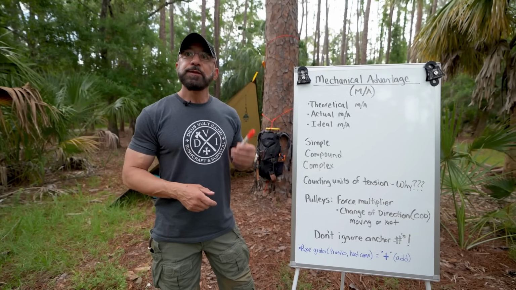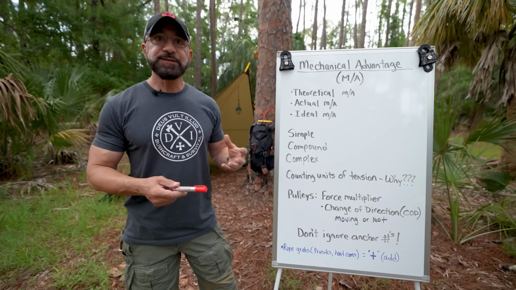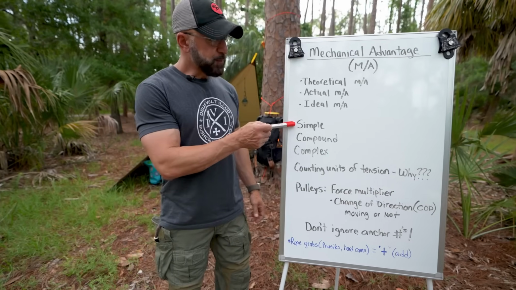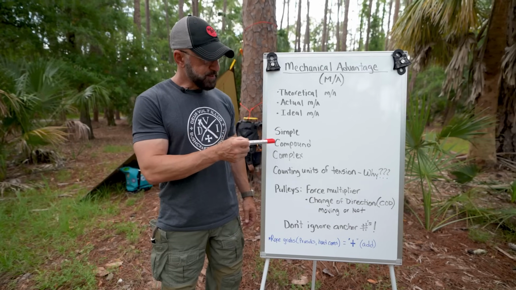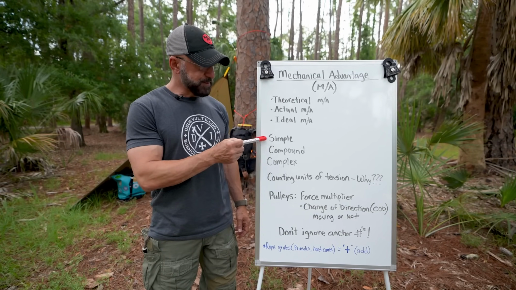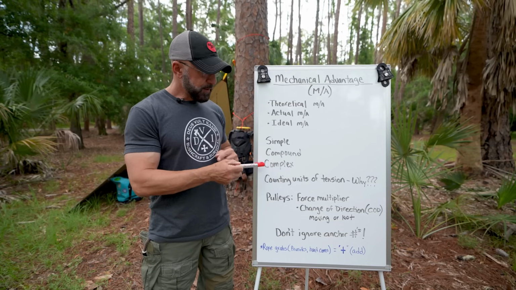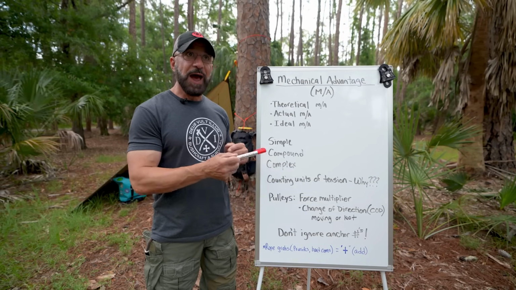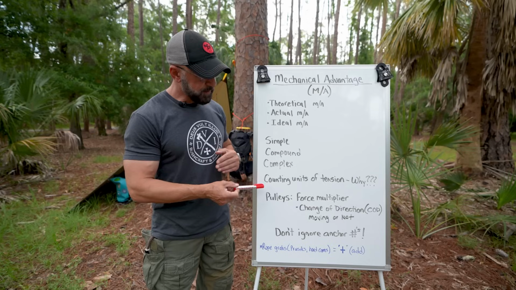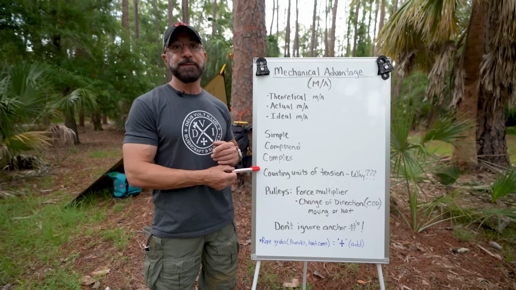There's basically 3 different types of mechanical advantages that we're going to look at. First one is the simple. Next is a compound, which is a simple system built on another simple system that multiply. And then a complex system in which we have to use the method of counting units of tension.